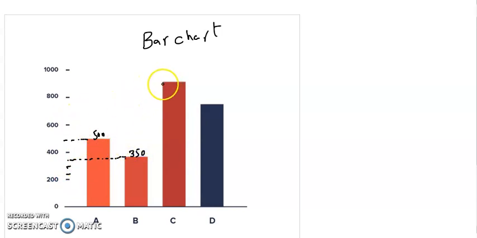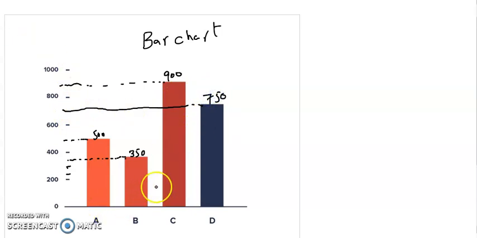If we look at bar C, the height of the bar goes almost halfway between 800 and 1000, so that will be approximately 900. In the same way, if I look at bar D and draw a straight line from it, it will be almost at 750, you can say.